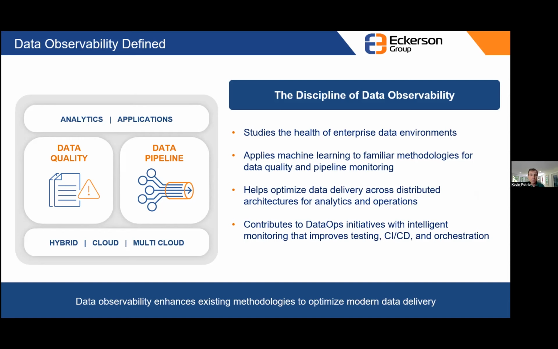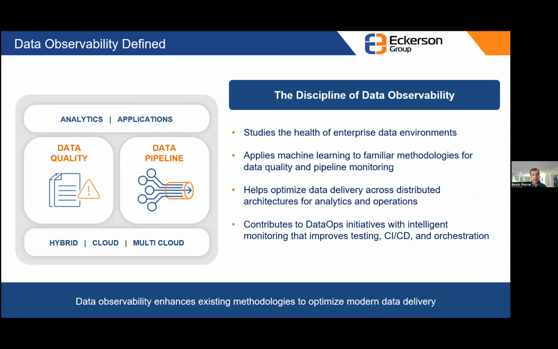Data pipeline observability, meanwhile, is looking at the performance of pipelines, these workflows that ingest and transform data between sources and targets. And it's also looking at the performance of the infrastructure, cloud compute, storage, and so forth that's supporting those pipelines.